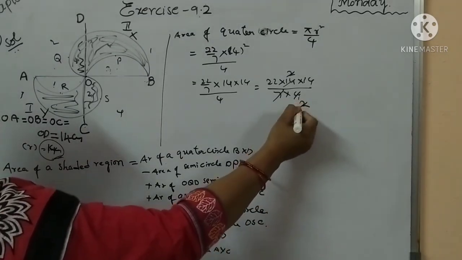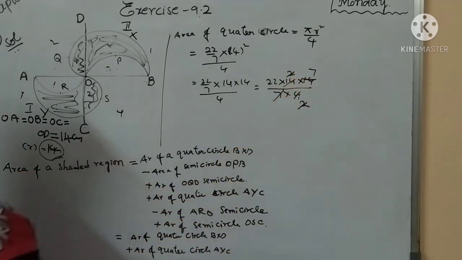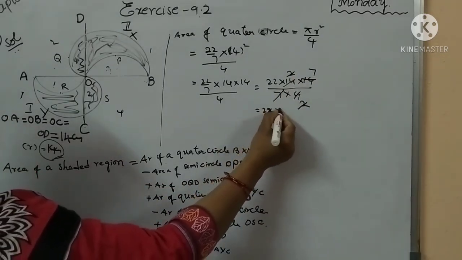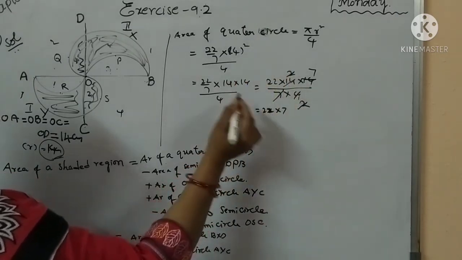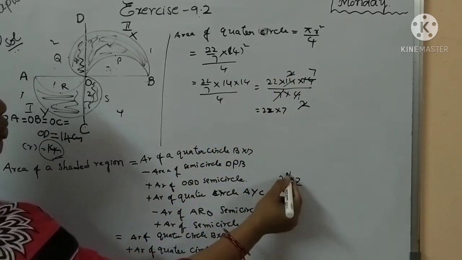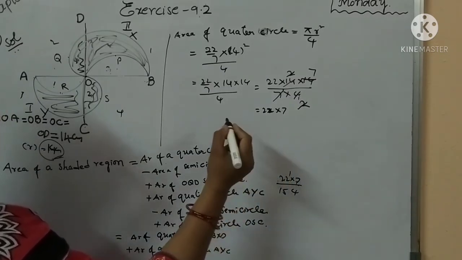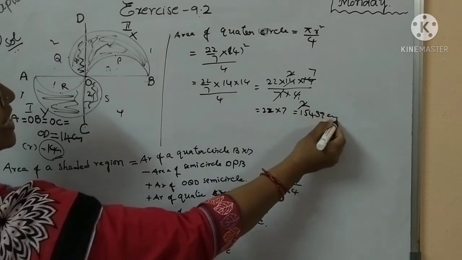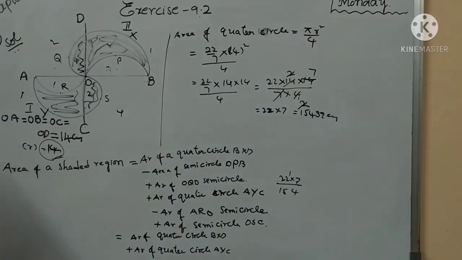At the same time 7 twos are 14. What is remaining here? 22 into 7. 7 twos are 14, plus 1, 15. Okay, so it is 154 square centimeters. It is the area of a quarter circle.